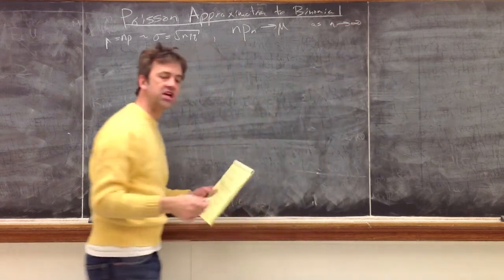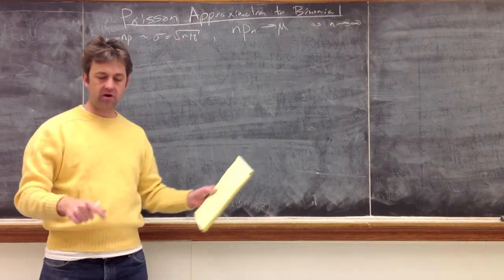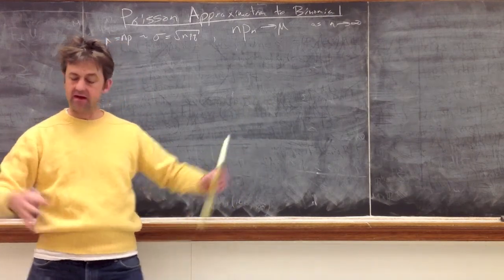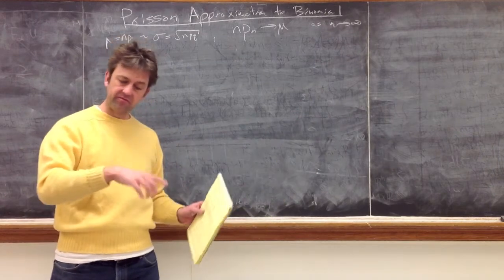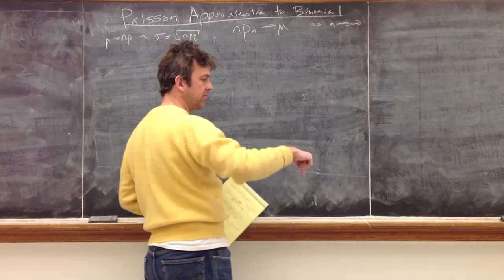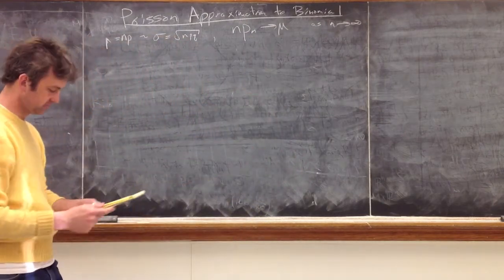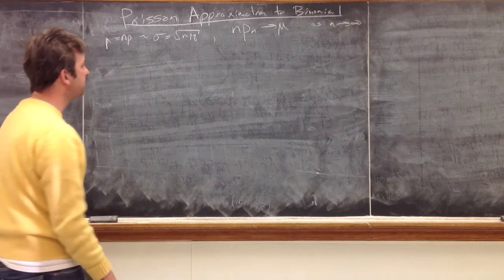So we're constantly changing the experiment. First we have a box where we have a few black balls and mostly white, and then we add a lot more balls, but we keep n times the probability, the number of black balls, constant. And then we ask, well, what happens as n grows very large? Well, let's see that by exploring.